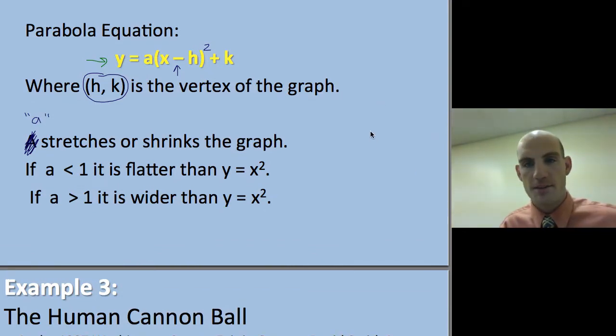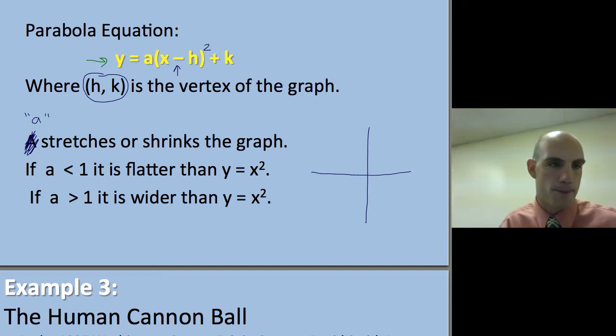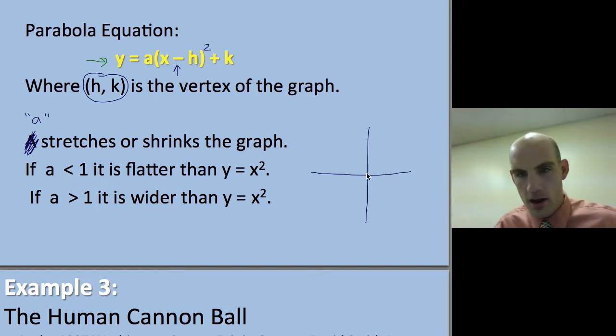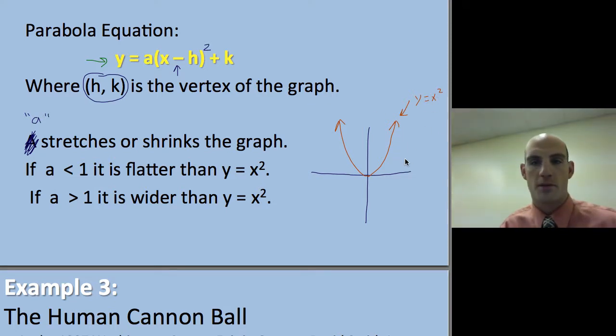If I draw down here a coordinate plane, and I just do a general graph here of a parabola that looks like a bowl shape, and I call this y equals x squared. Well, let's look at what that really means. Really, y equals 1 times x minus 0 squared plus 0.